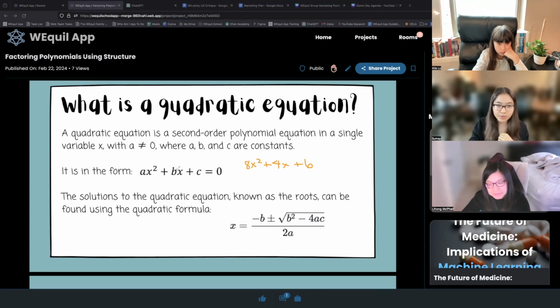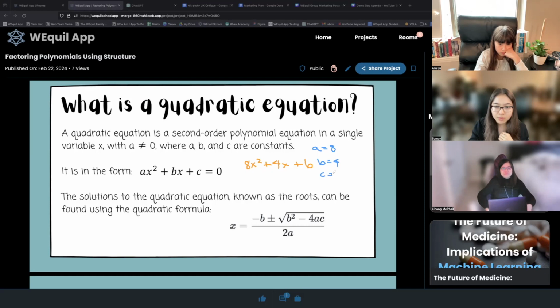Let me just back this up here. A would equal 8 because it's the first number here. B would equal 4, and C would equal 6, as you can see here from this equation. And then we can literally just plug these numbers into this formula, and that's how you get the roots.